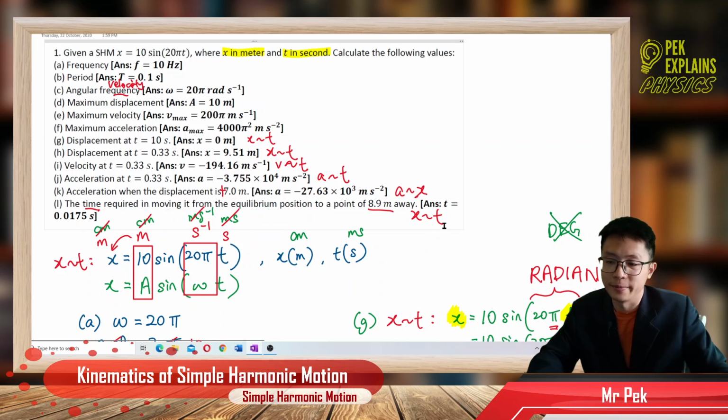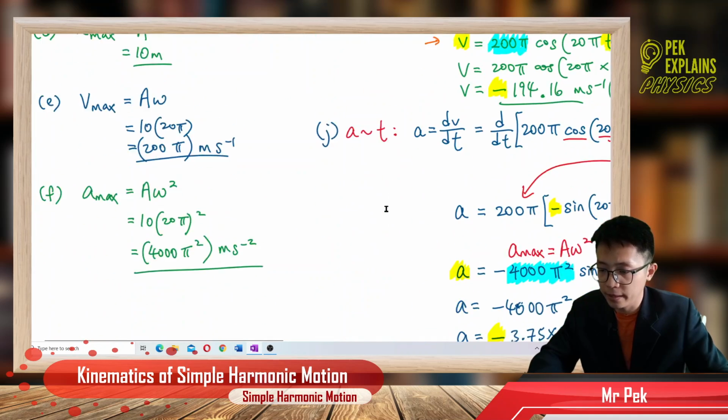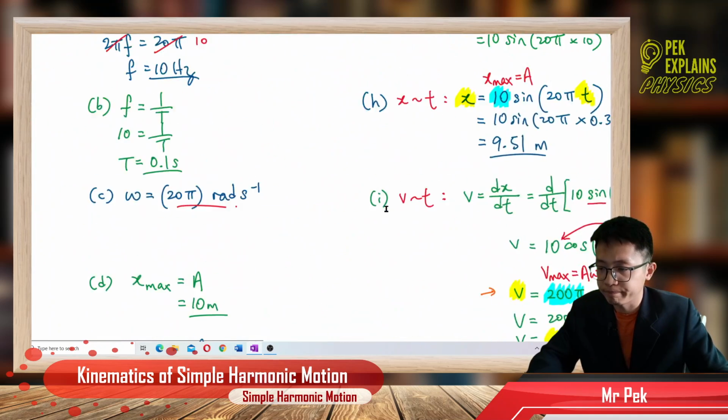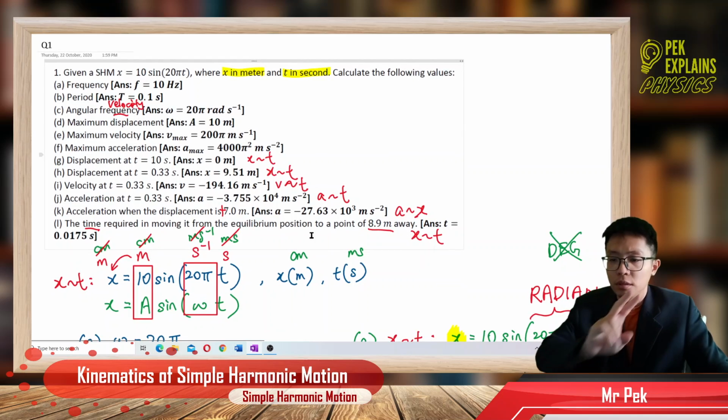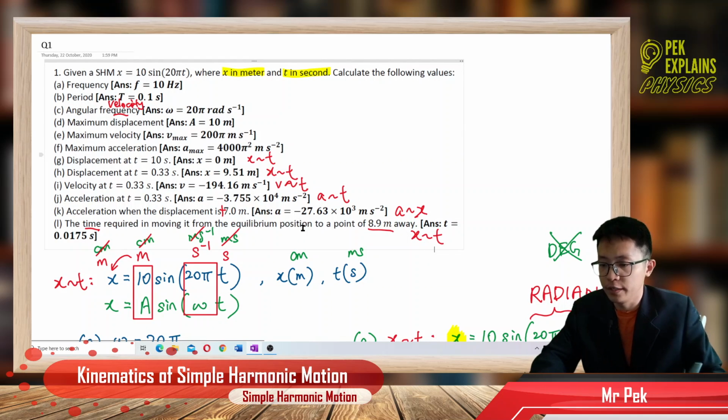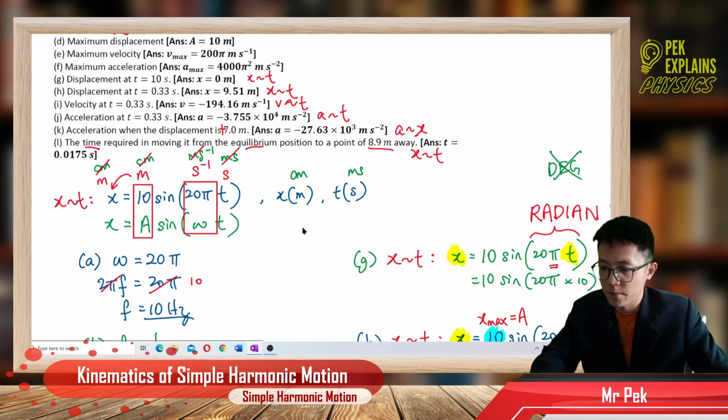But he says the time required from the equilibrium position to another position, 8.9 meter away, so you need to do it two times. You need to find the time for both positions.